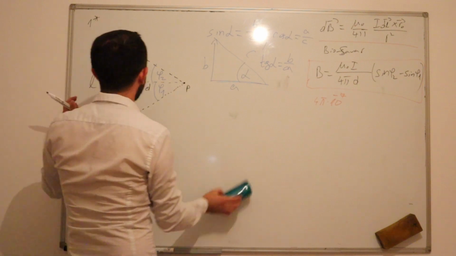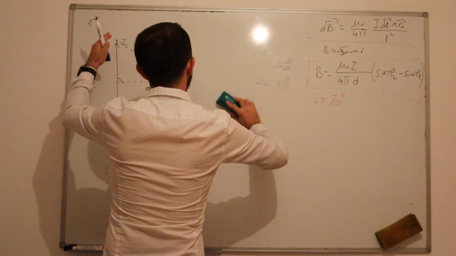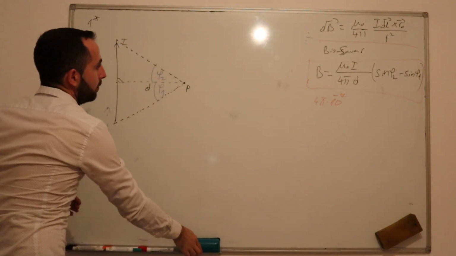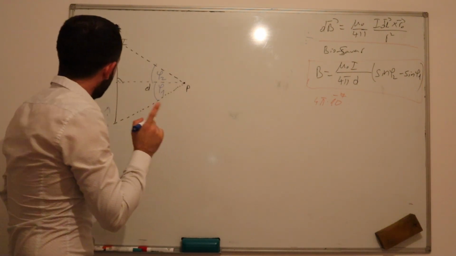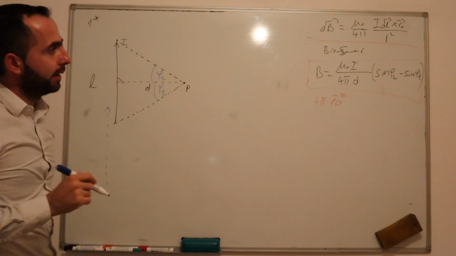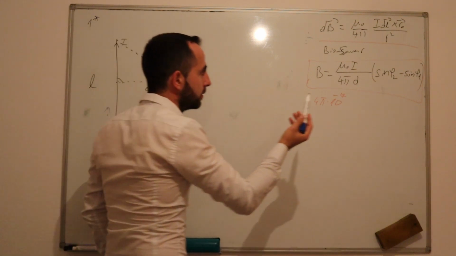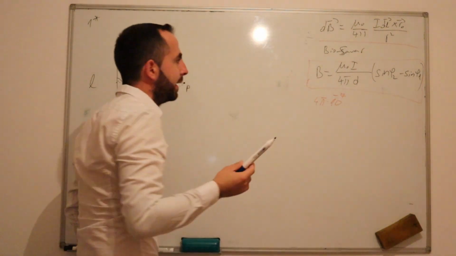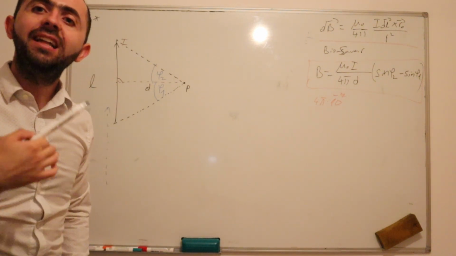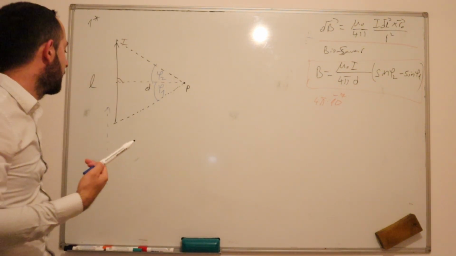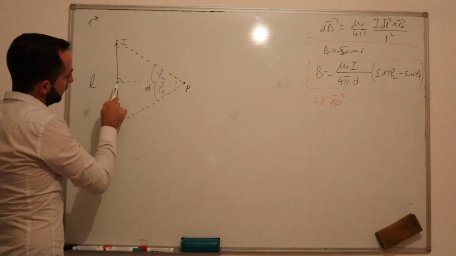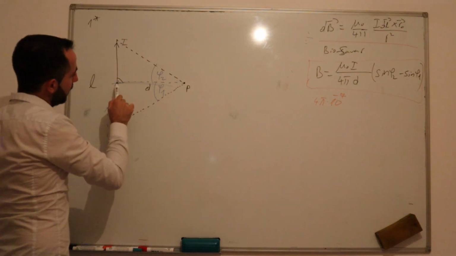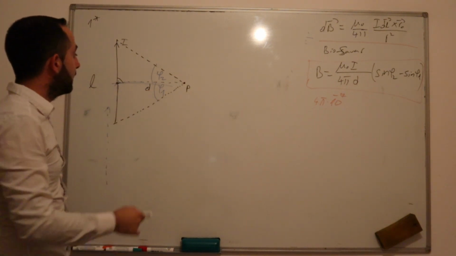So here, because we don't have the geometry of this problem, we will just write the equation. But the other thing is that these angles, phi1 and phi2, can be positive and can be negative. If the current enters at this normal, the angle is negative.